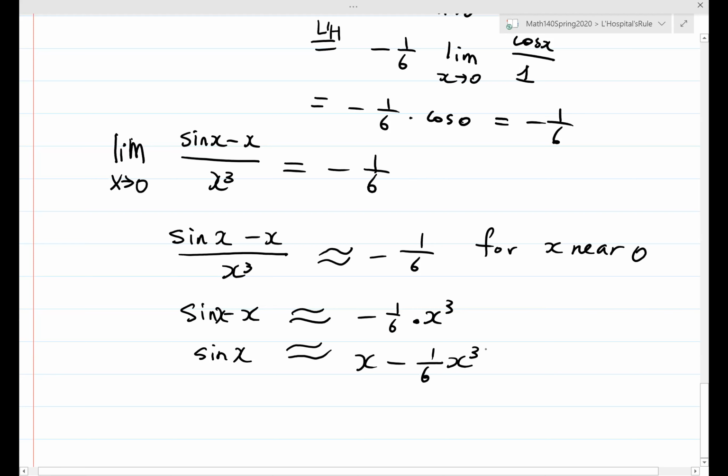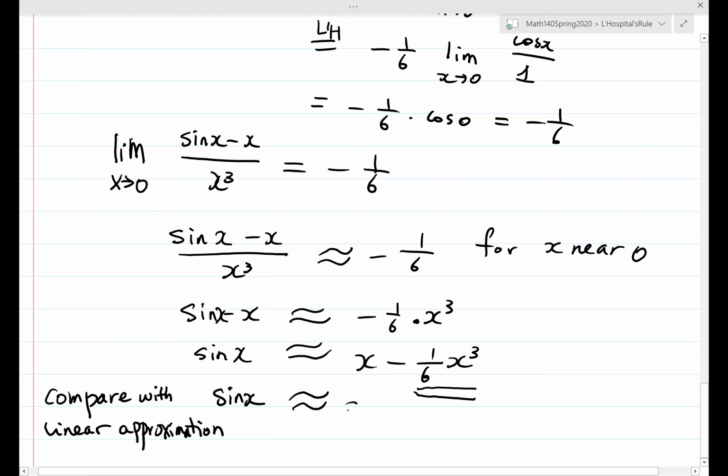Then you get a higher order approximation. Now remember, compare with linear approximation. Linear approximation says sine x is close to x.